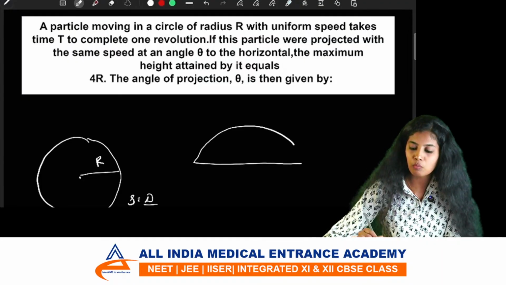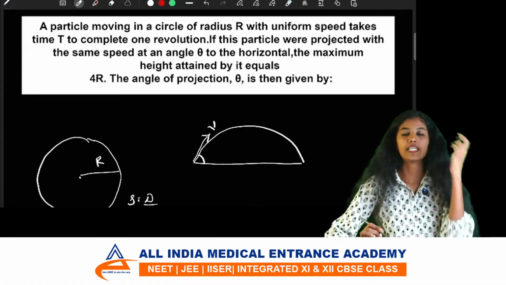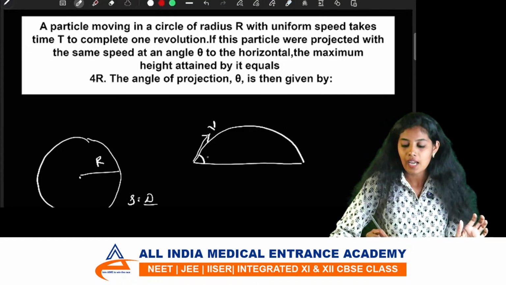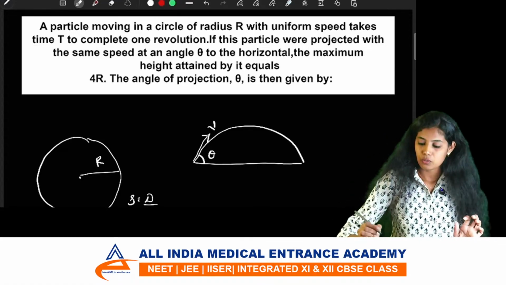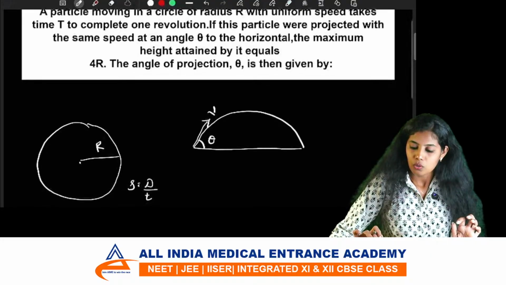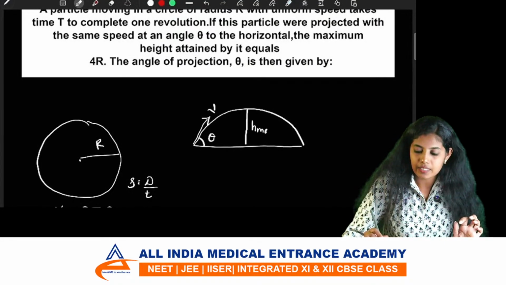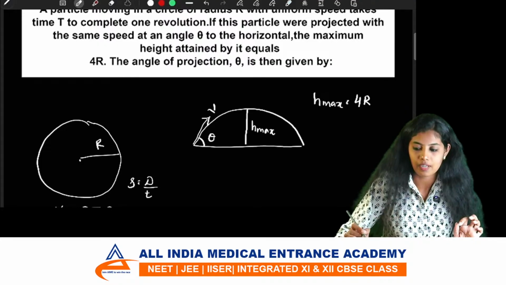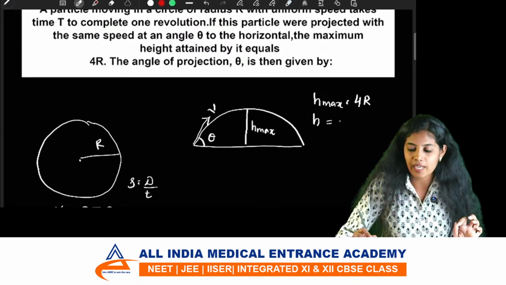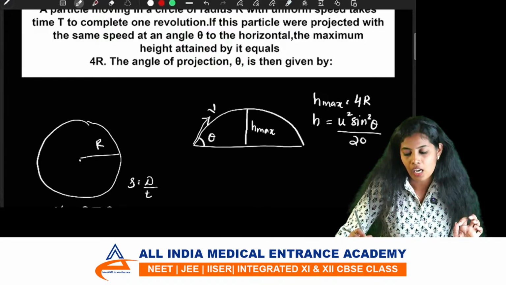In this we project the same particle with the same speed at the angle theta, and we need to find this theta. When it reaches the maximum height, this h maximum is 4r. We know the equation of h maximum, that is u square sine square theta by 2g.